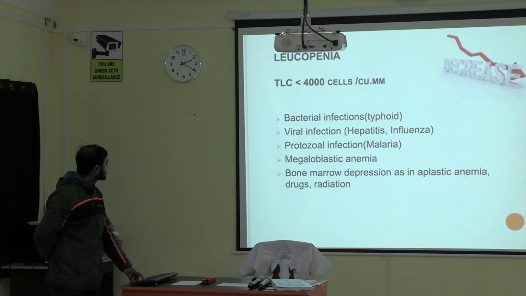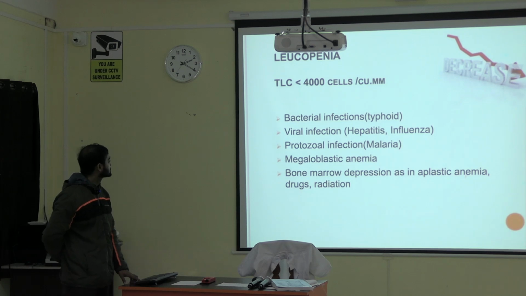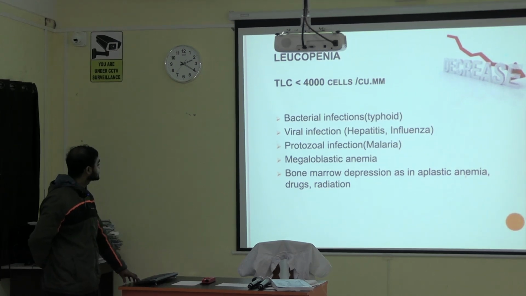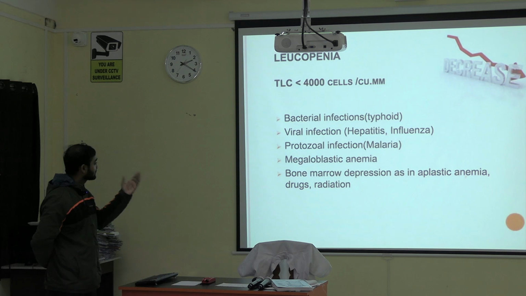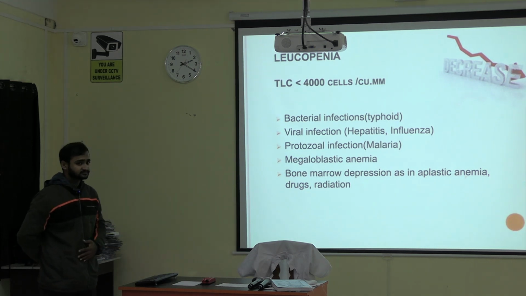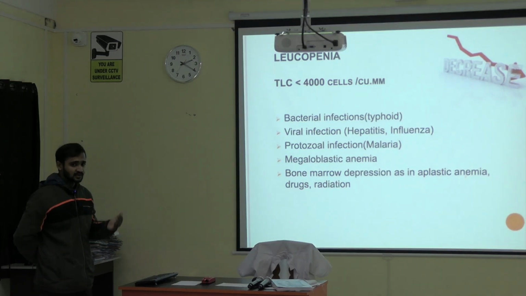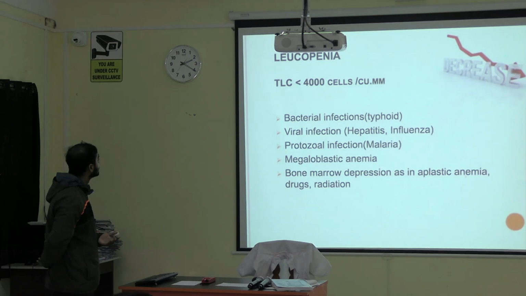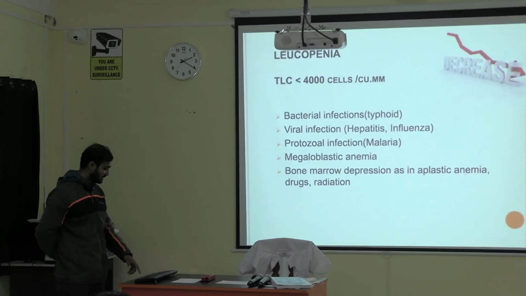In megaloblastic anemia also we will see a decrease in leukocytes, and with drugs, like in aplastic anemia and in radiation. In these cases also there will be a decrease in total leukocyte count.